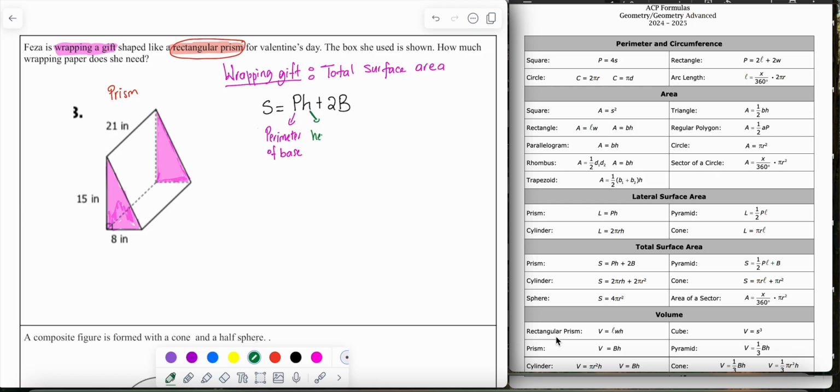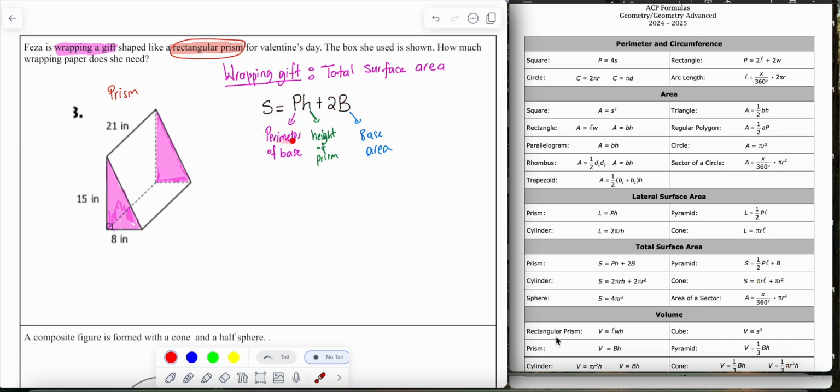So I'm going to put height of prism. The big B represents the base area. All right. So we need to know the perimeter of the base, the height, and the base area to be able to work out the total surface area.